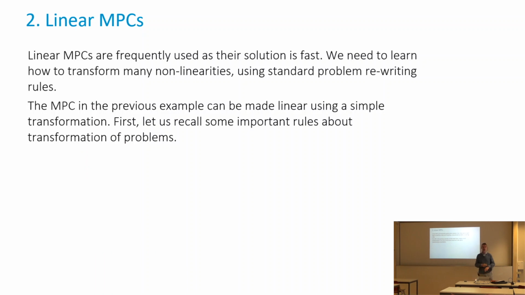So, to use MPCs, we need to be able to manipulate them, and unfortunately, like for the rest of optimization, it's usually not sufficient to write the MPC, use an MPC solver, and say solve it. It will be true if we can make it simple, and in particular, a linear MPC.